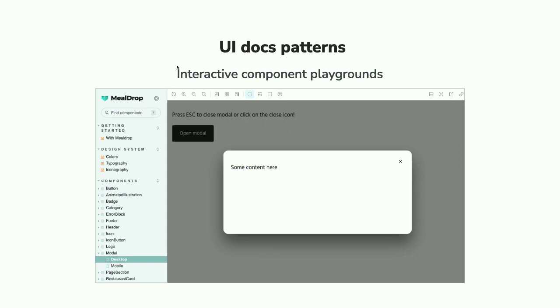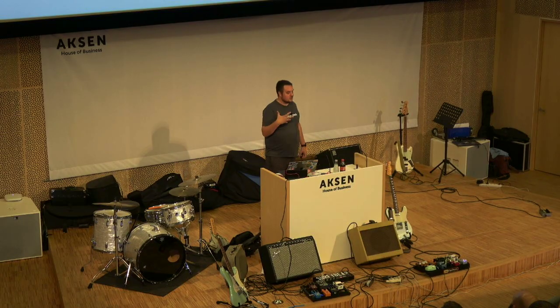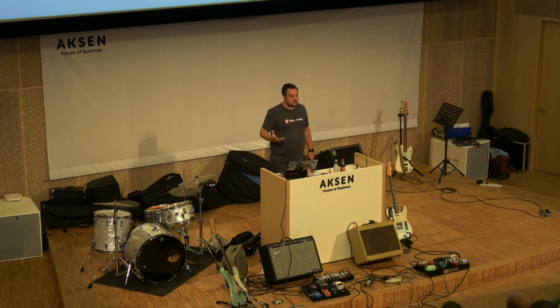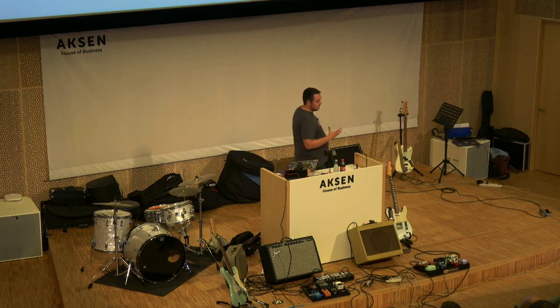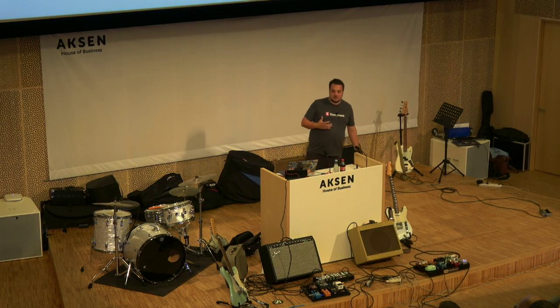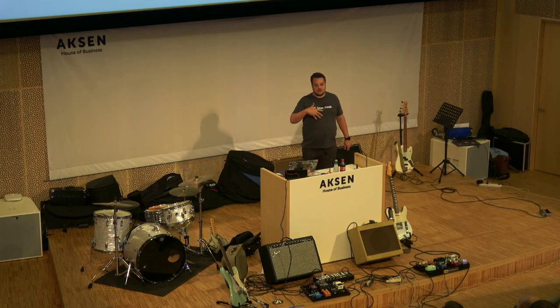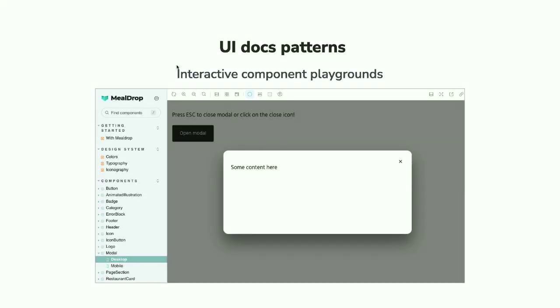Then the next pattern is interactive component playgrounds. This might also seem a bit obvious for some of you that write stories, but what I'm really trying to do here is that the stories is also a big part of your documentation, and it needs to be interactive because UI is interactive. Screenshots will get outdated and stuff. And here's an example of an app we call Meal Drop that has a story for a modal.